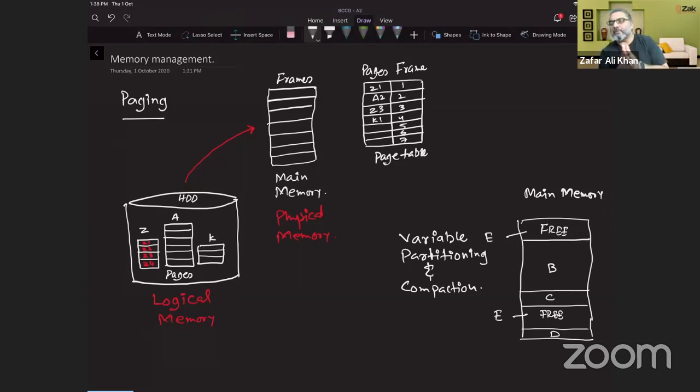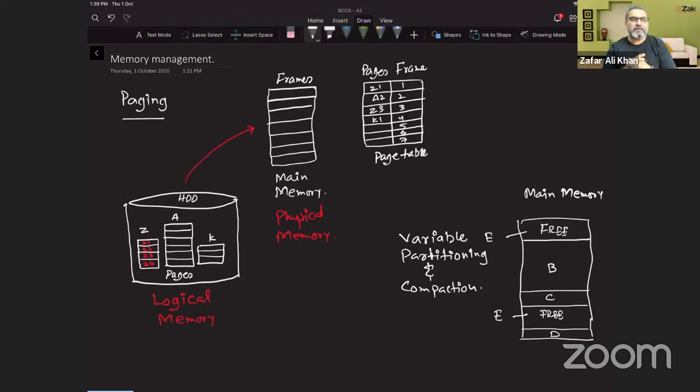As the new program E requires as much memory as these two memory holes, and we cannot split a program. Whenever a program in the older system was loaded, it required the whole memory at one place. So we have to move B and C either up or down towards the free holes so that all of the free memory could be found at one location.